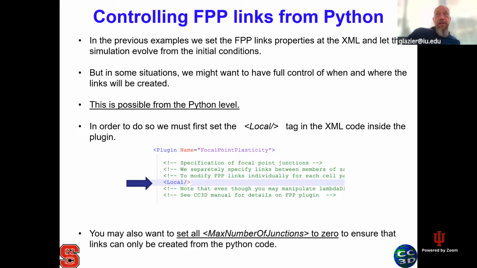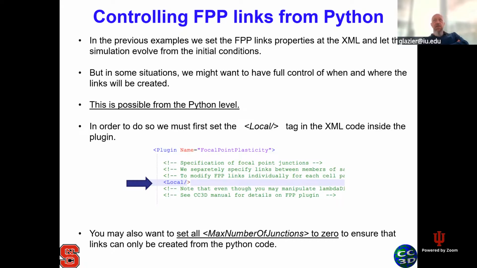If I remember right, and I think that's the case, it's a little bit like the secretion plugin. We can do both the XML rules and the Python rules. So it's not like the volume where we either have to set the volume in Python or XML. In this case, we can do both, but we have to put that local tag in to enable the Python control.